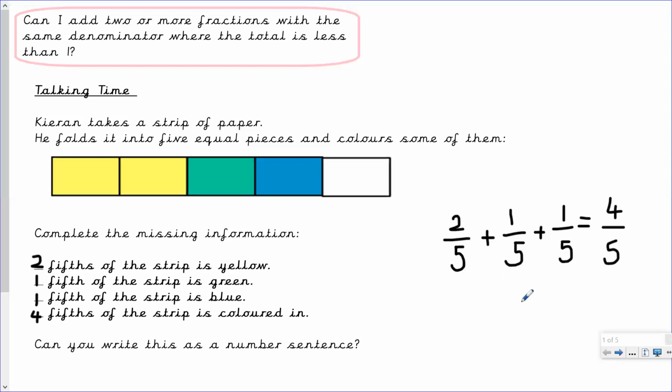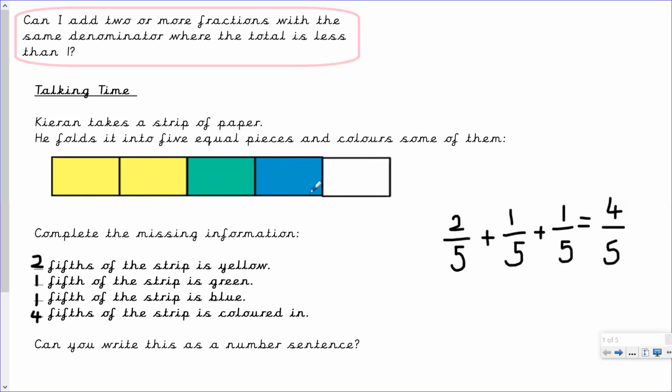Okay, so if we look at this strip, the strip is our whole. The whole has not changed. So whether we are talking about the 2 yellow parts, my whole still has 5 equal parts. And if we're talking about the 1 fifth, that doesn't change how many equal parts are in the whole.